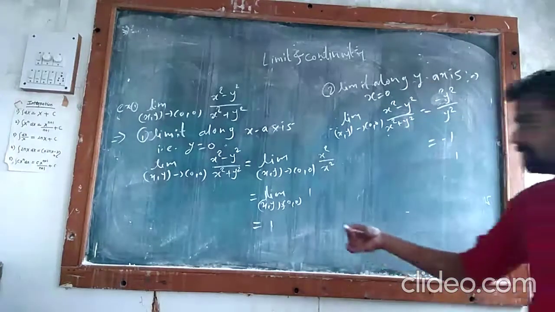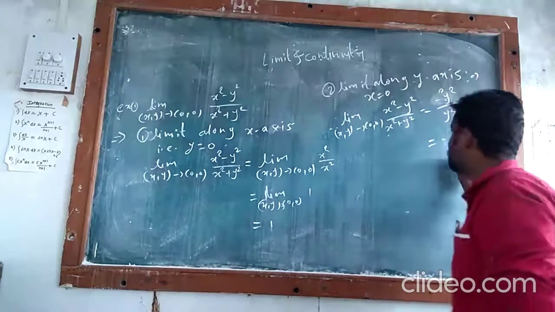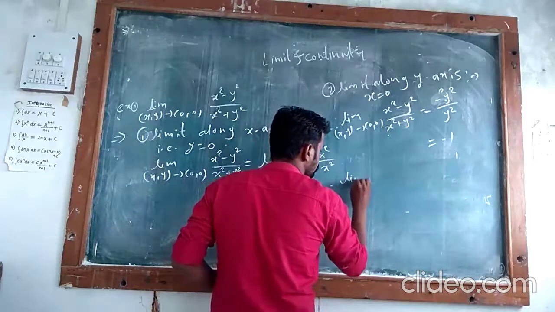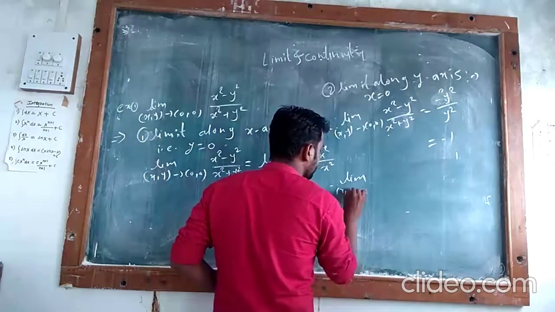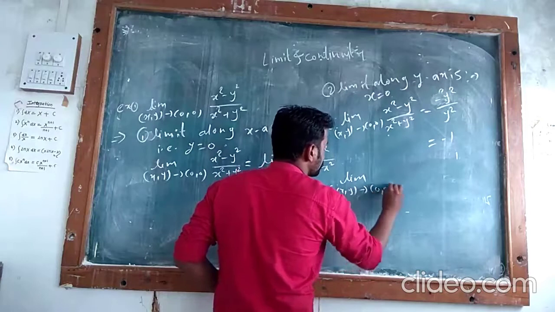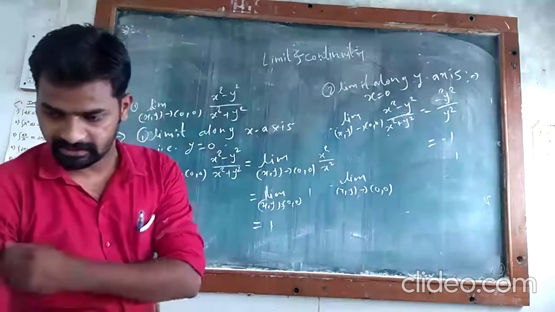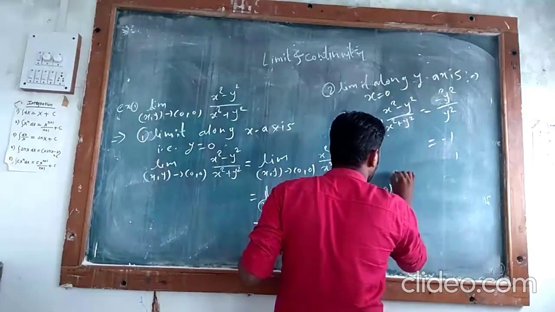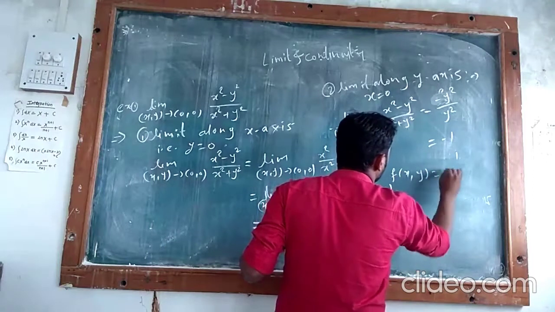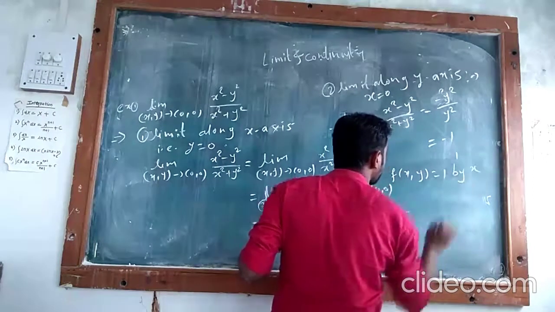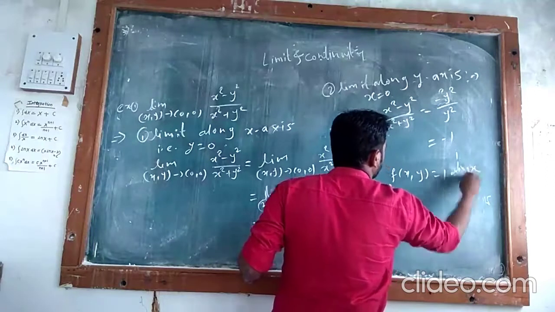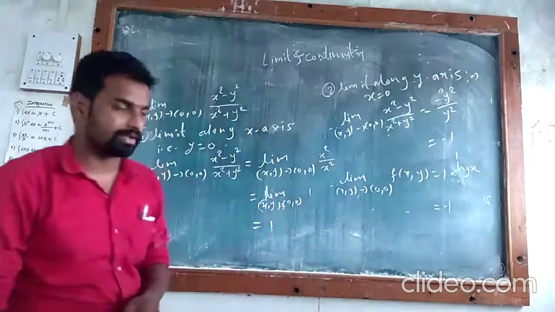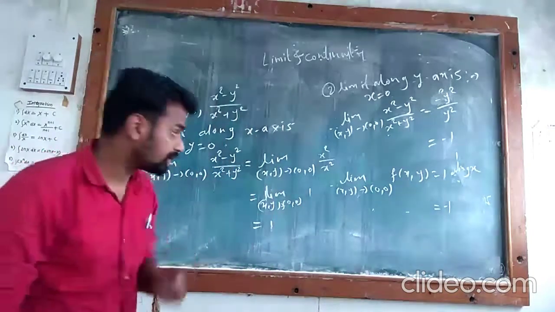Okay, now the limit along x axis is 1 and the limit along y axis is minus 1. Therefore, the limit as xy tends to 0, 0 along x axis is 1, and along y axis it is minus 1, that is, both limits are not equal.